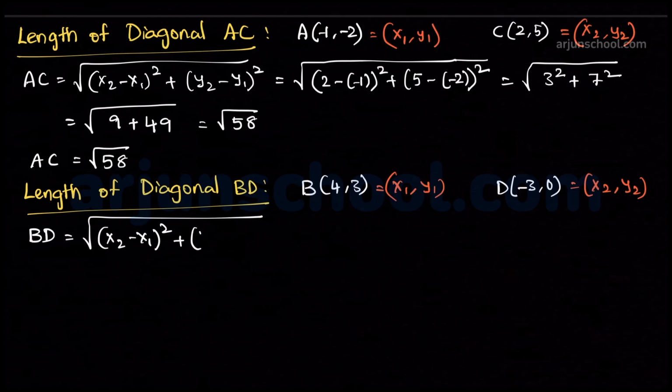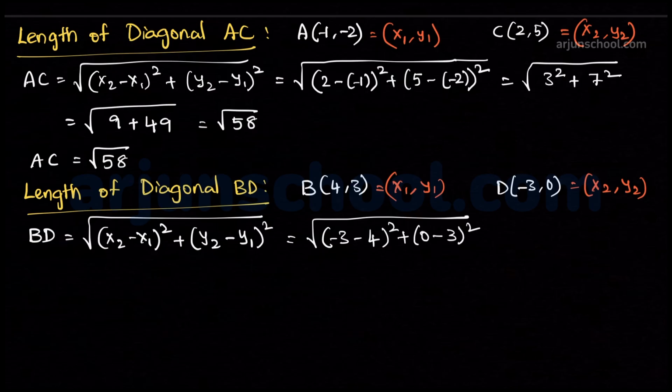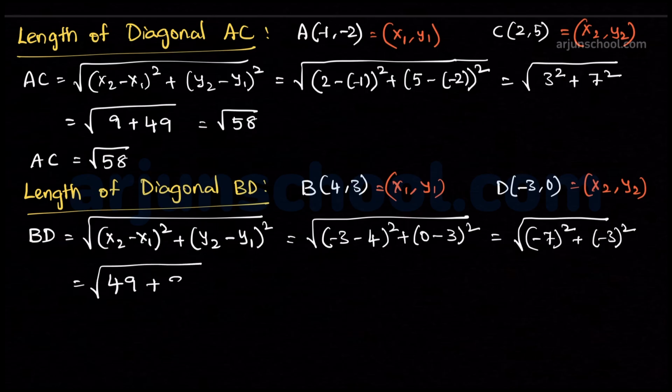Root over (x2 minus x1) whole square plus (y2 minus y1) whole square equal to root over x2 is -3 minus x1 is 4 whole square plus y2 is 0 minus y1 is 3 whole square. Minus 3 minus 4 is minus 7 whole square plus minus 3 whole square equal to root over 49 plus 9 equal to root over 58.